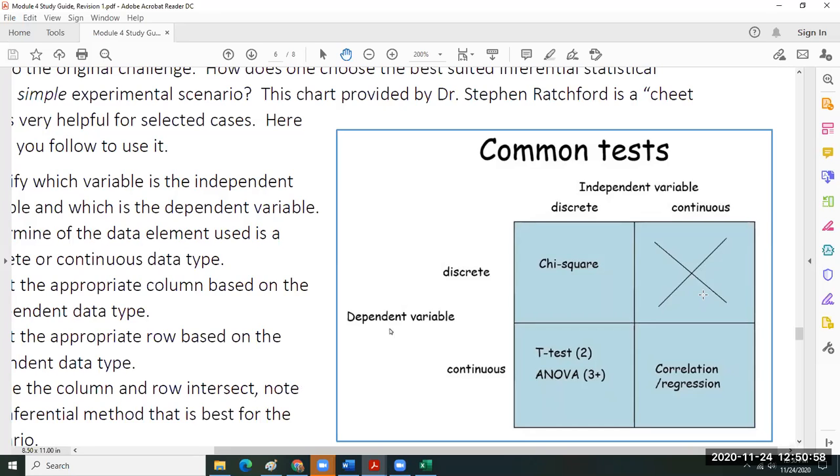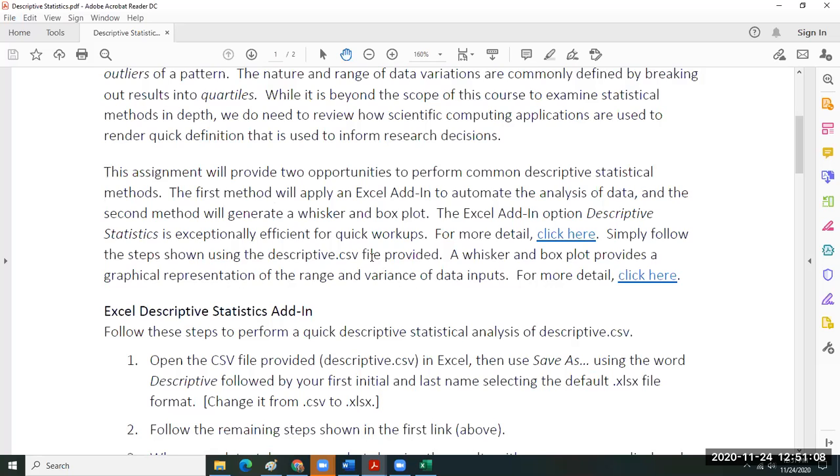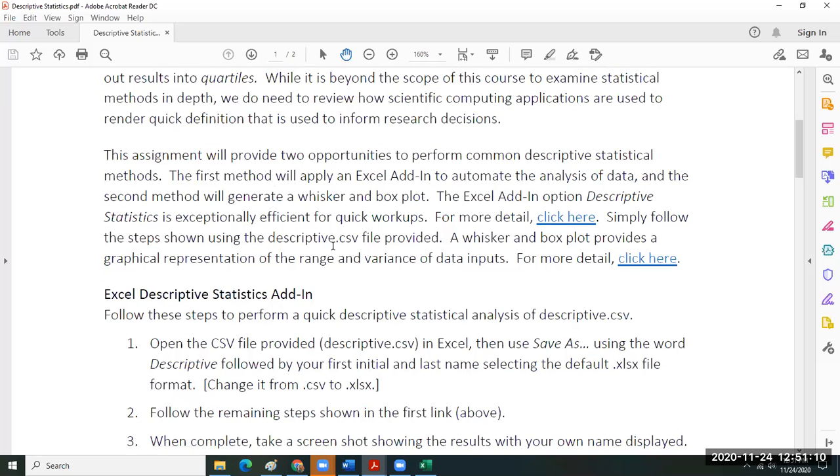So for your first assignment, you're going to do descriptive statistics and a box and whisker plot. A box and whisker plot is a graphical representation of statistical results that falls into the descriptive statistics category, right?